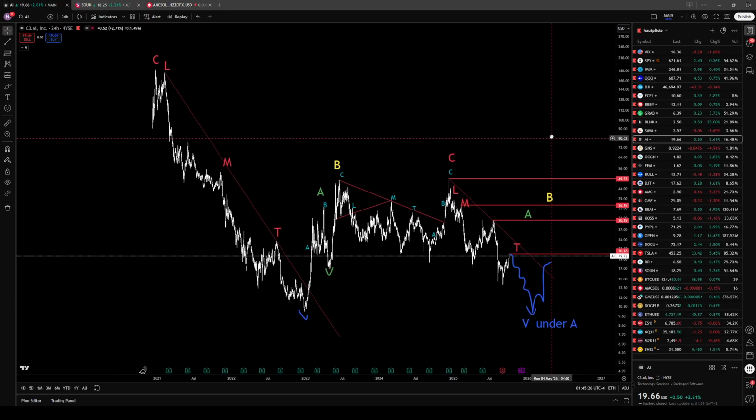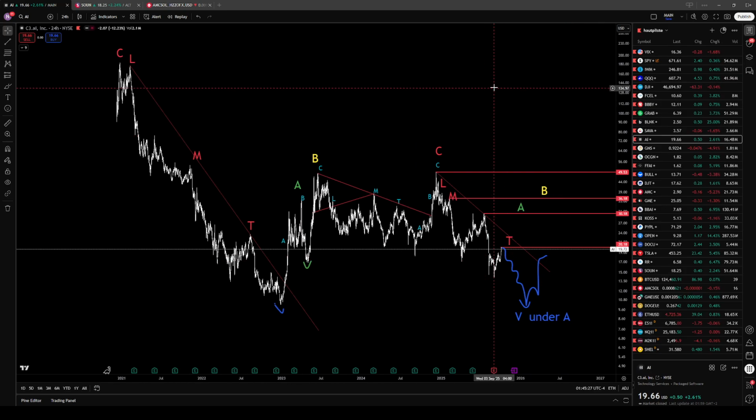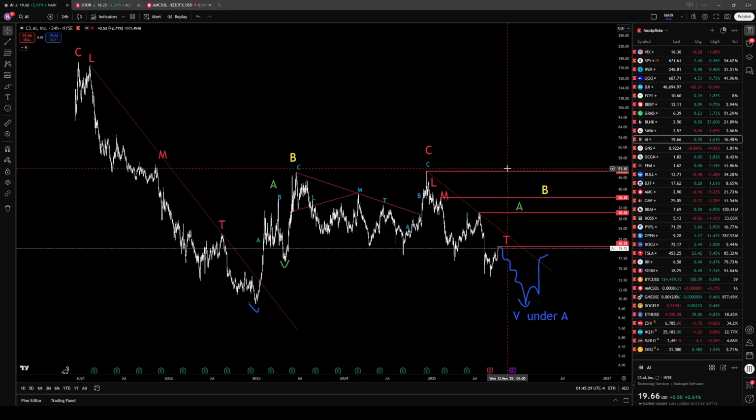Next, C3.AI. I start here again with the bearish variant.